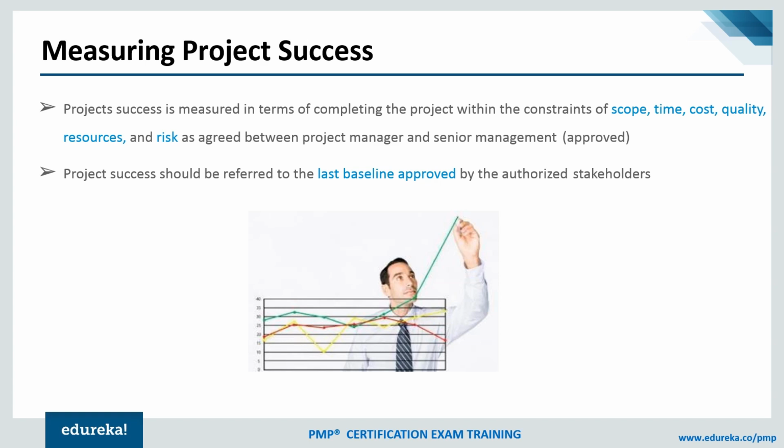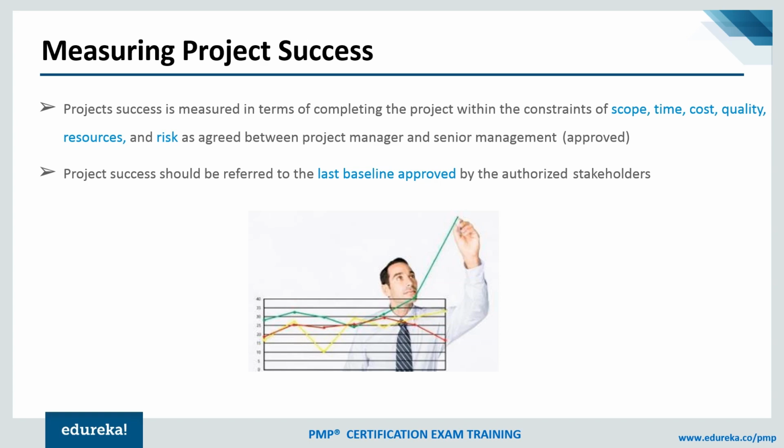So the project will not be called a successful project. You need to understand how you're going to measure the success of the project, and whenever you refer to it, you must refer to the last baseline approved by the authorized stakeholders. Baseline is something that we are going to cover in class 2.